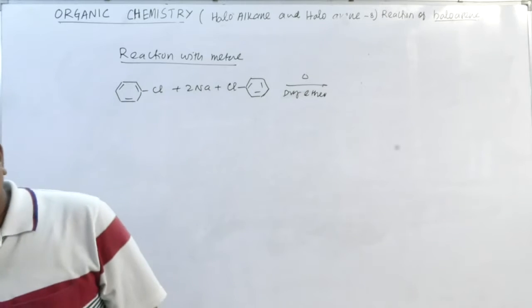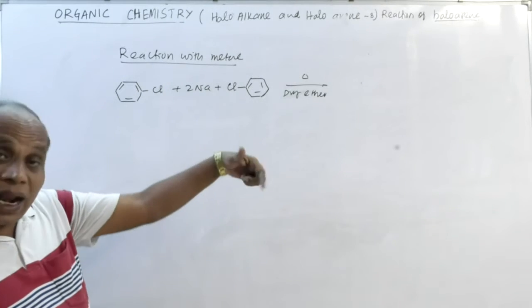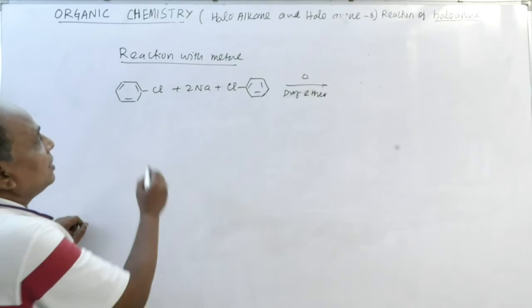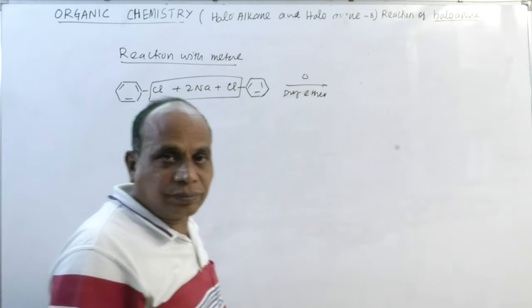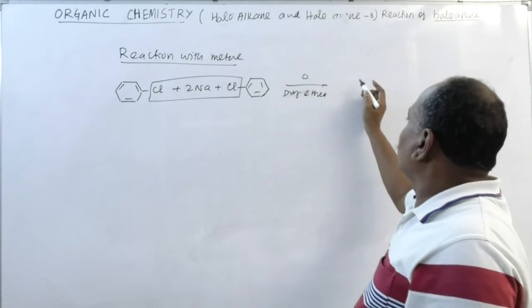Just like the Wurtz reaction, in the case of alkyl halides, which gives a higher alkane, here also the same type of reaction gives this one.